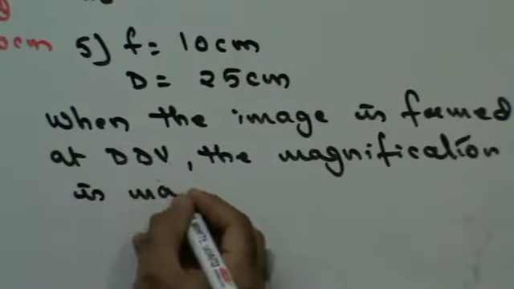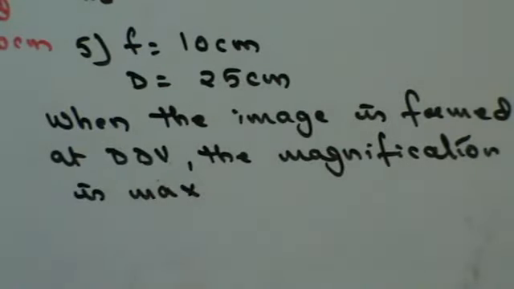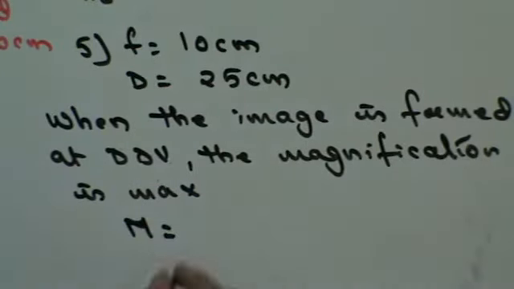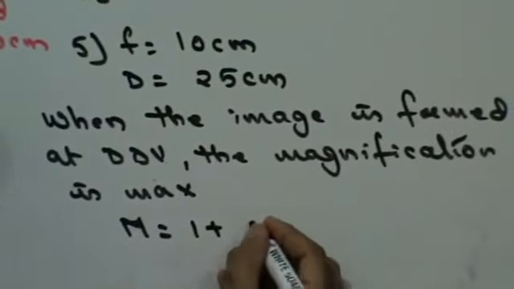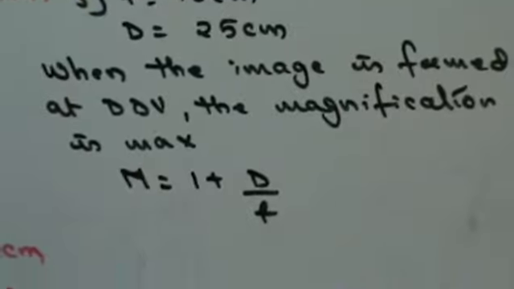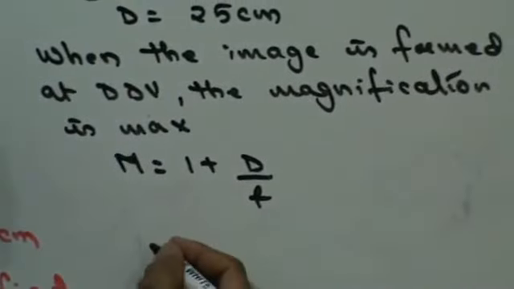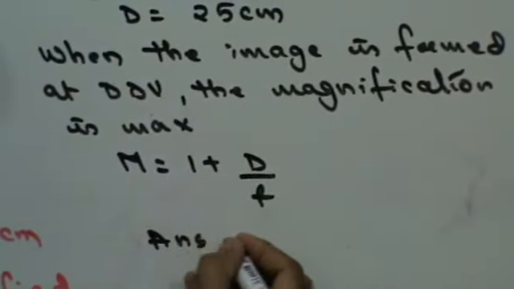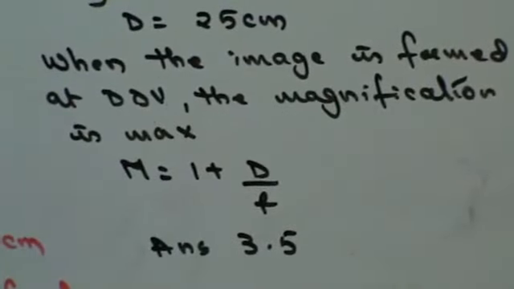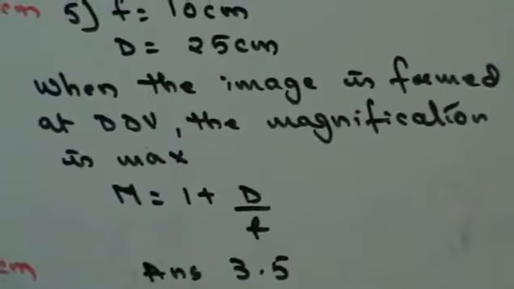We've done this in one of our previous lectures, right? So for a simple microscope, maximum magnification is 1 plus D upon f. D is given to you, f is given to you, you should be able to get the answer. The answer for this should be 3.5. It will not have a unit because it is a ratio. Next, take on next one please.